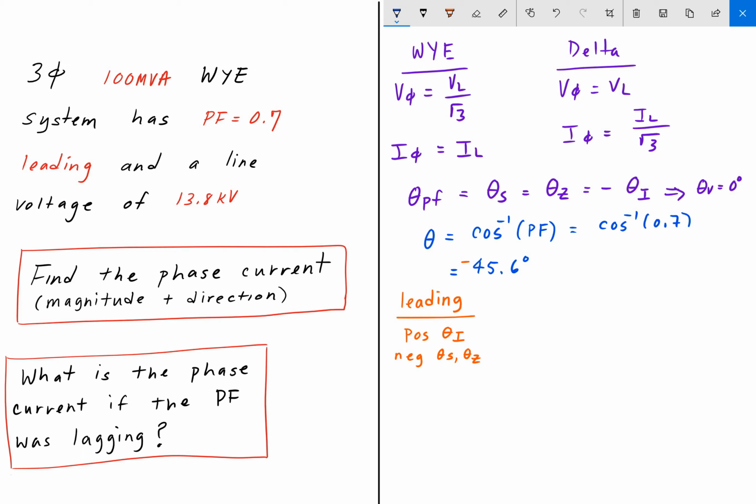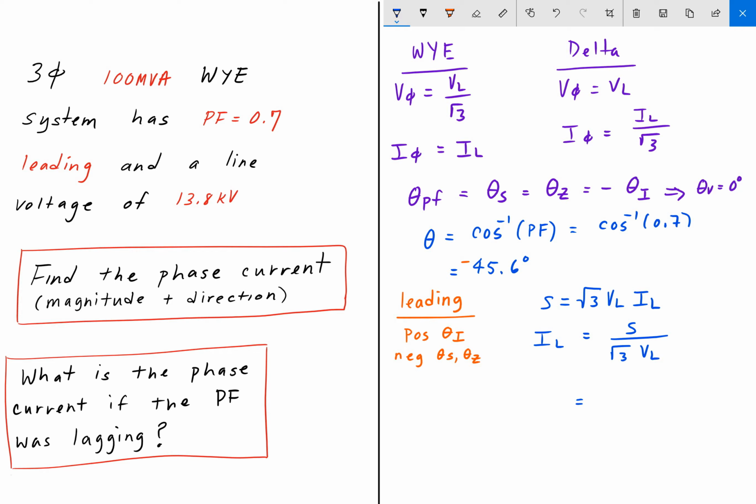And so now we can find the magnitude of the current. To do this, we can start with our definition of apparent power, which is the square root of 3 times V line times I line. Rearranging this equation for I line, we get S divided by the square root of 3 V line, where S is given at 100 MVA and V line is given at 13.8 kilovolts.